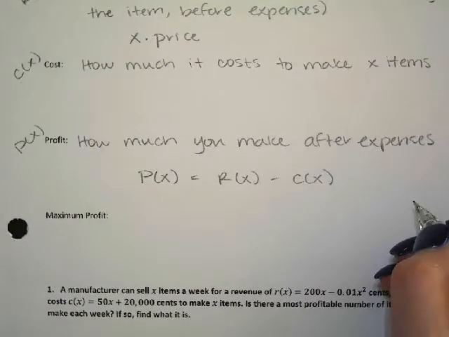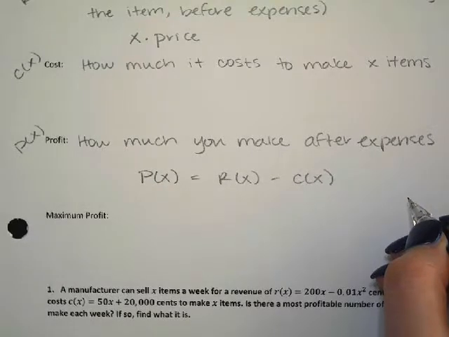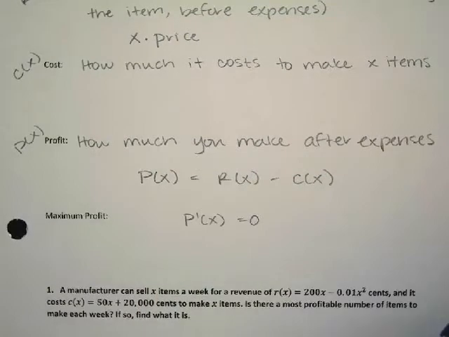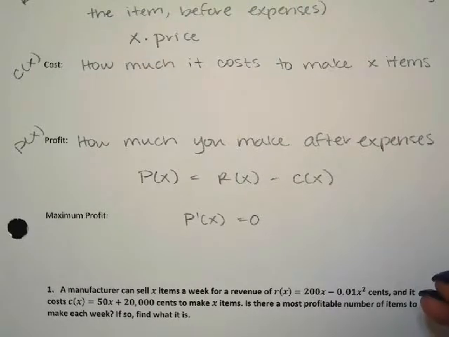Okay, so your maximum profit, if we think back to what we learned last unit, where do you find maximums? So the maximum profit happens where P prime of X equals 0.